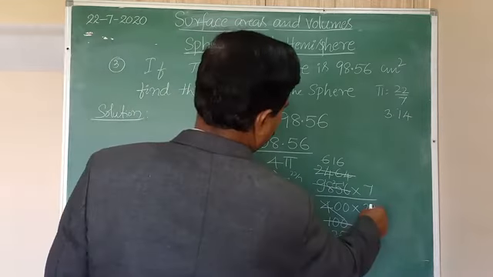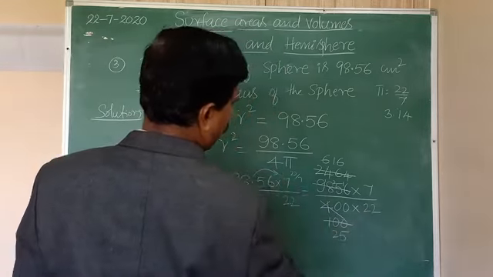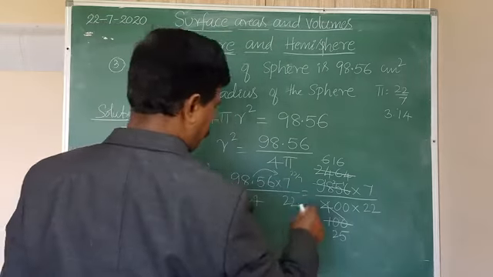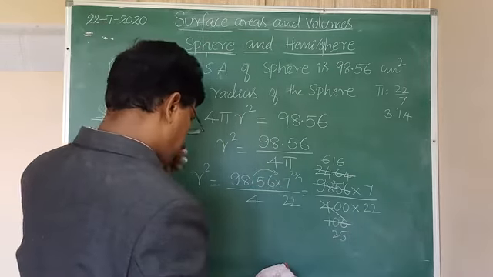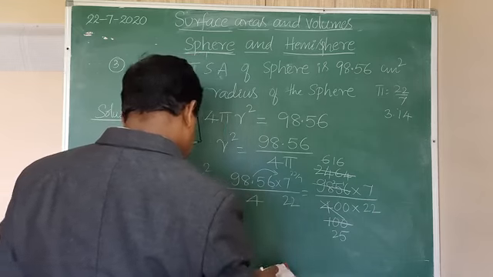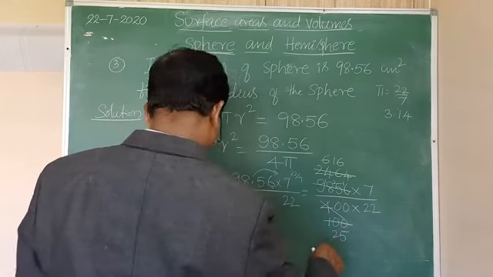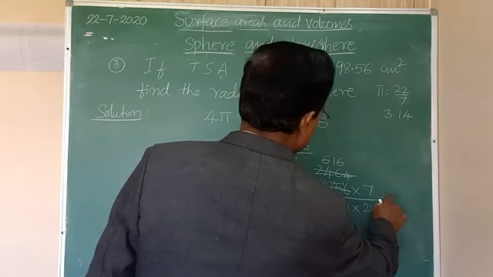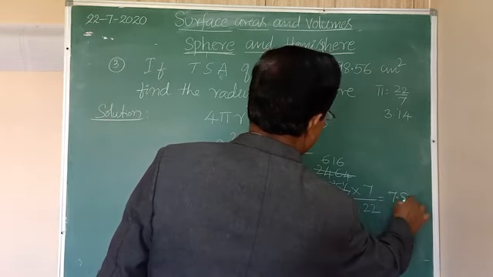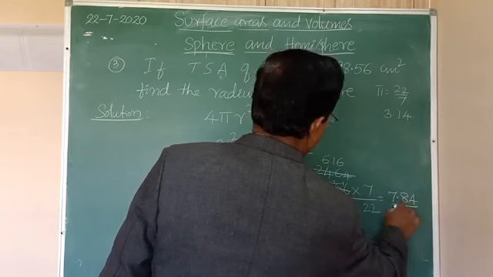Next is what? 22 is there, 7 is there. Okay, on simplifying you will get 7.84.